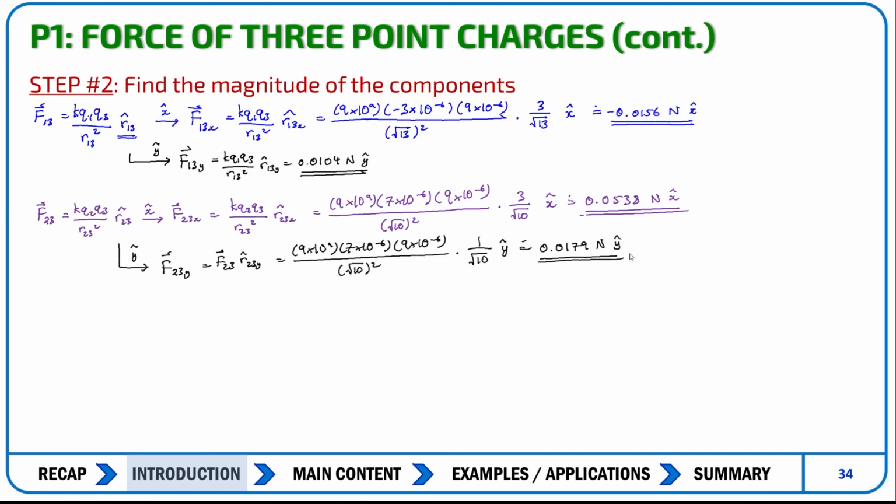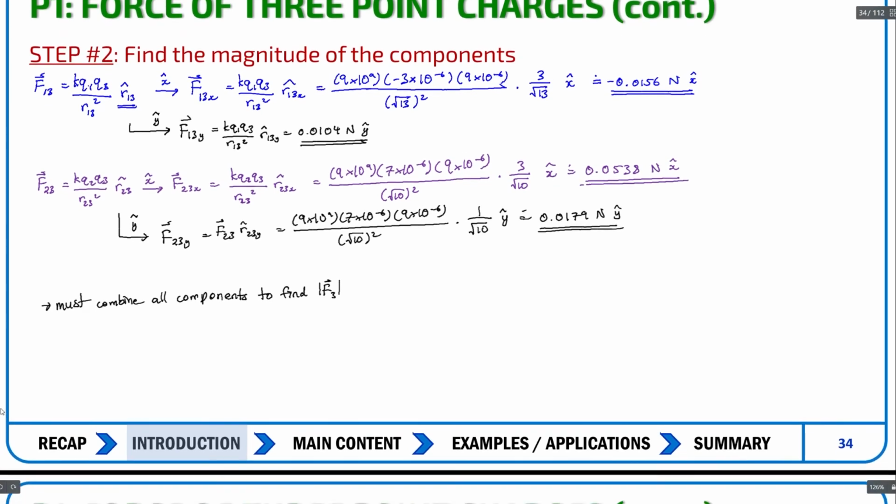Okay, so now that you have all this, we should really move on to figure out how to combine all the components to find F3. That would be the next step. We're going to take all of this and merge it together in the next slide.